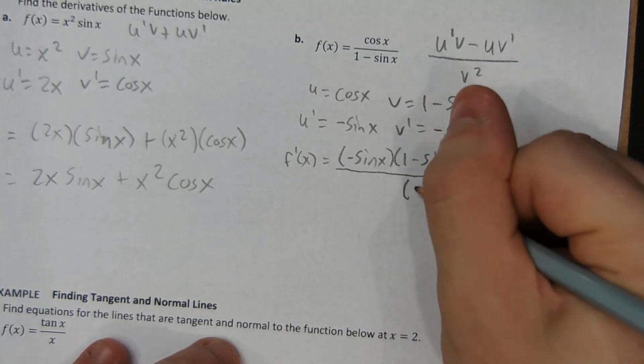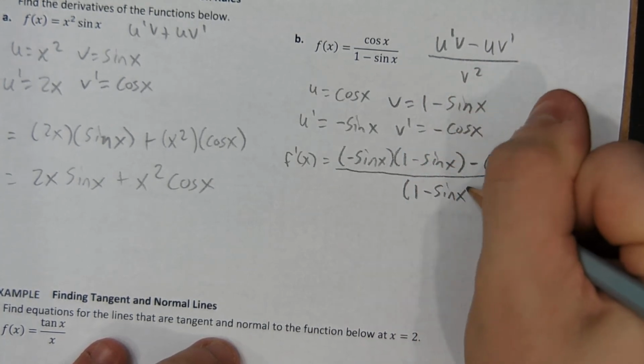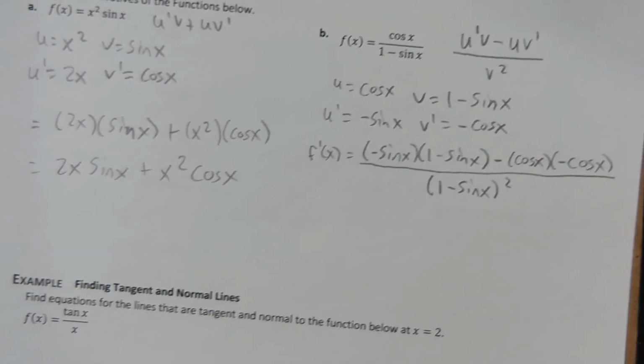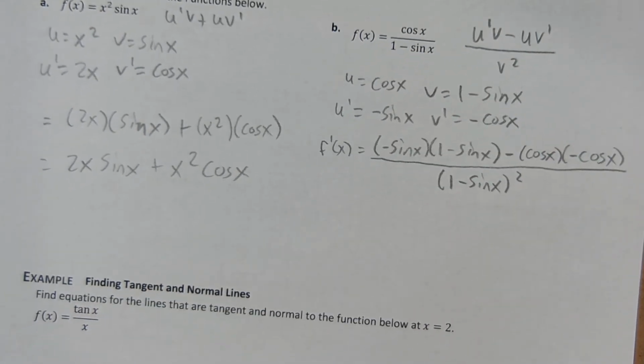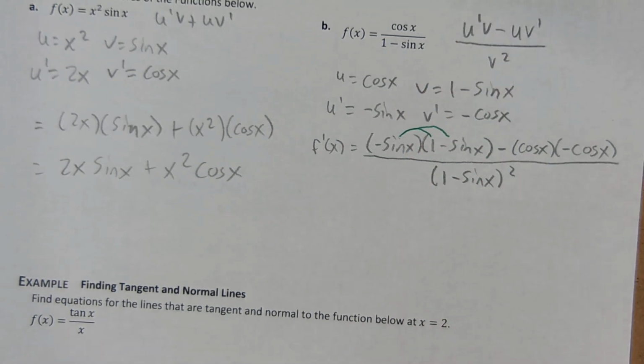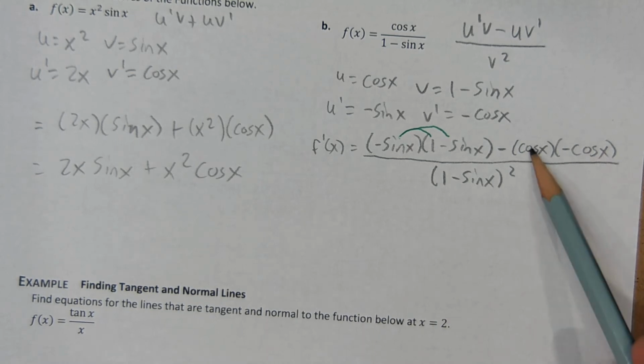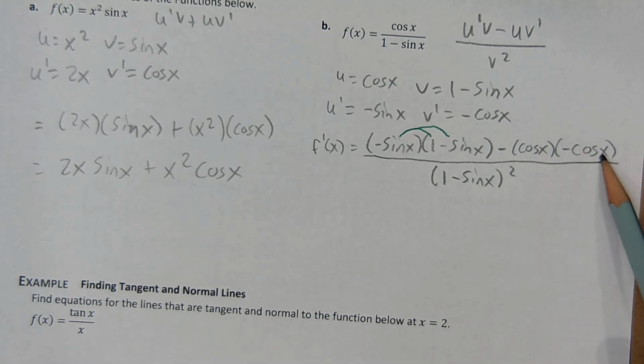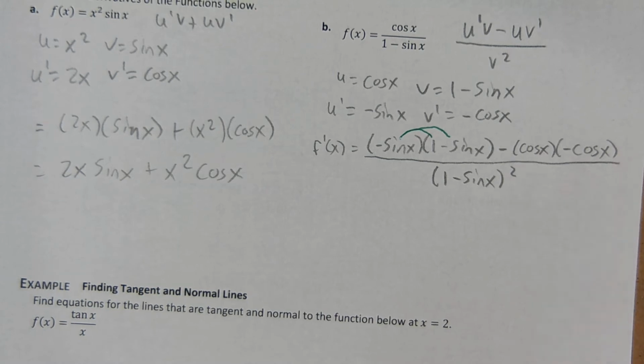And I tell you what, I'm not going to FOIL this out. We're just going to leave it like that. Now up top, I am going to distribute the negative sine x to the 1 and the negative sine x. And at the same time, I'm going to multiply cosine x, negative cosine x, and oh look, another negative sign, so that's going to be a plus.